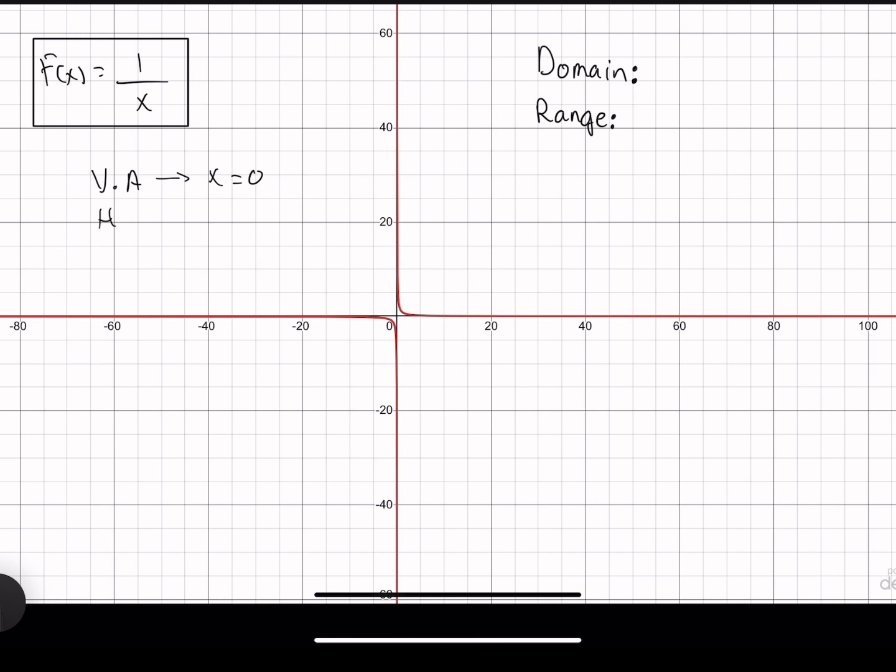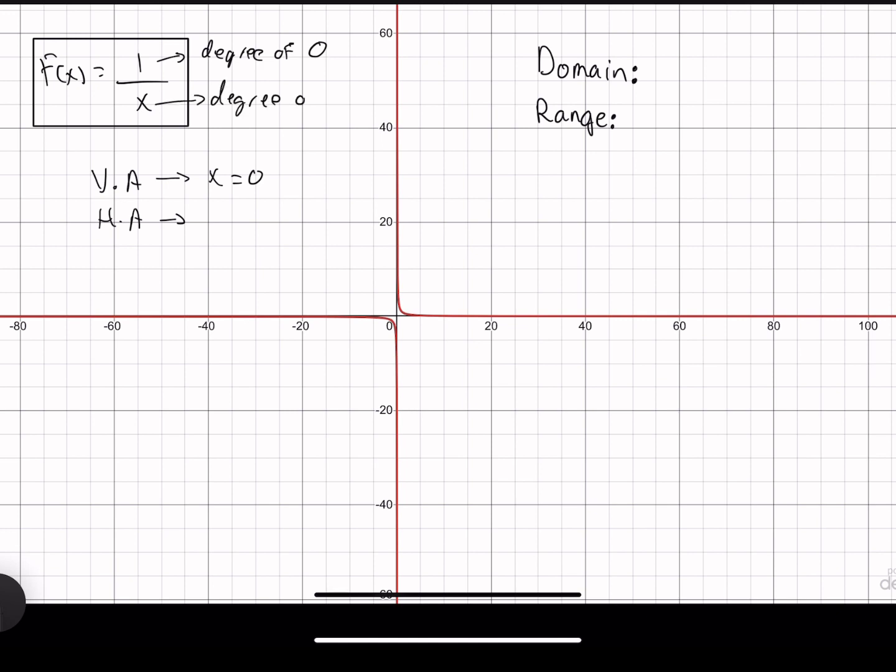For the horizontal asymptote, if the degree of the numerator is less than the degree of the denominator, then it has a horizontal asymptote at y equals 0. Here the 1 has a degree of 0, since there is no variable, and the denominator has a degree of 1.